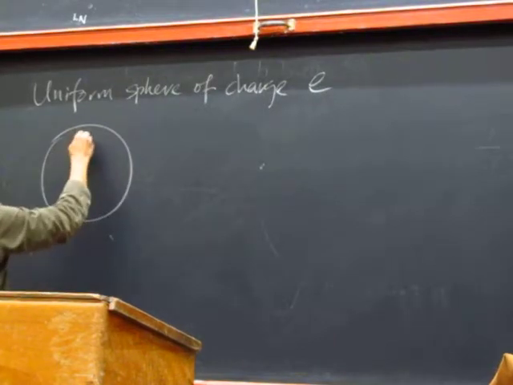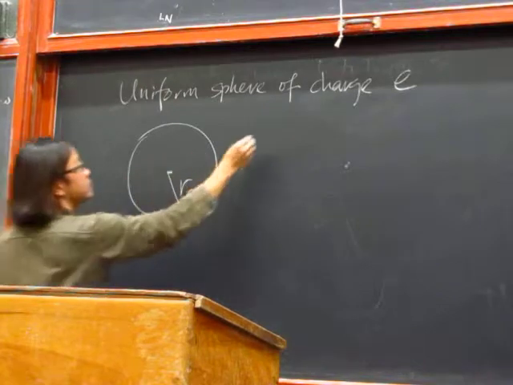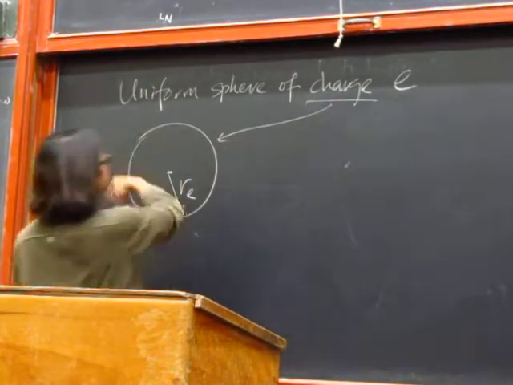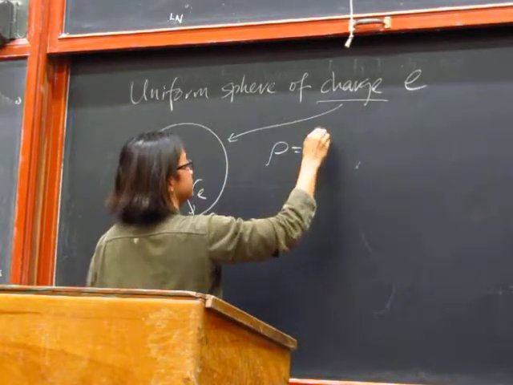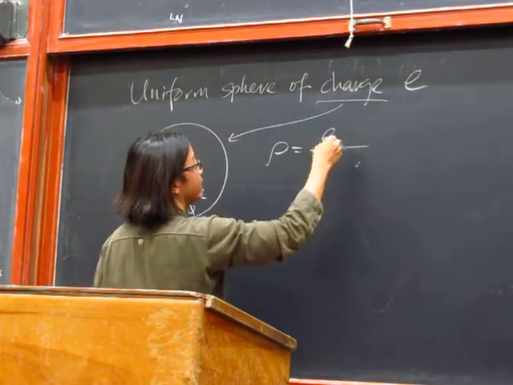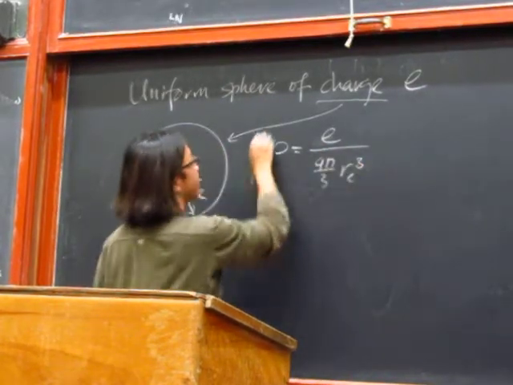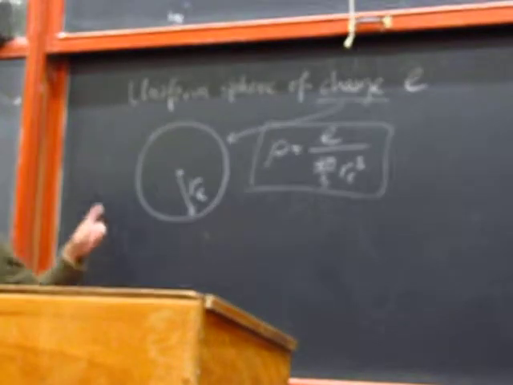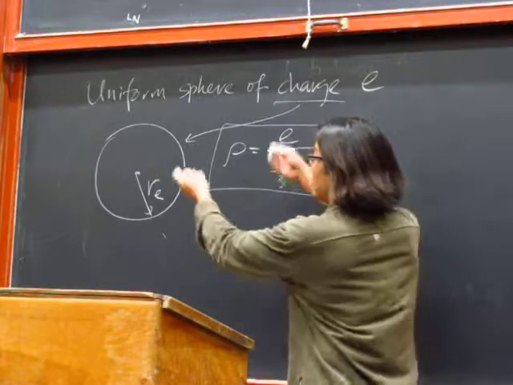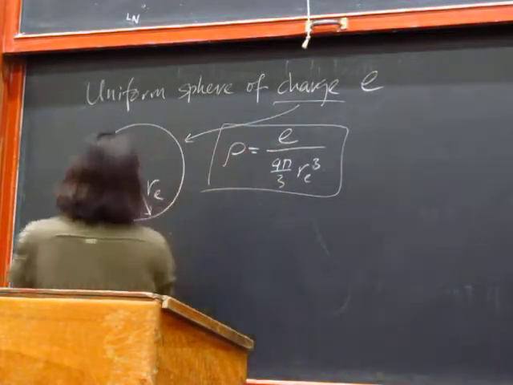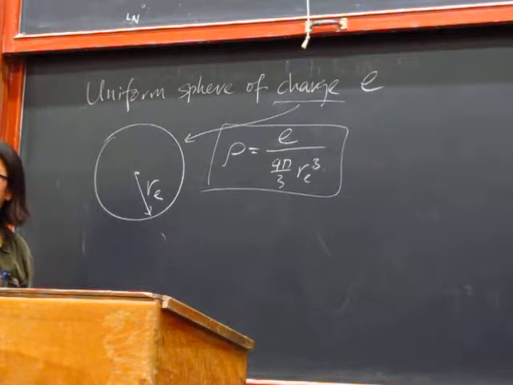Here's Re. Charge e is uniform in this whole sphere. There is a density which is equal to e divided by 4 pi over 3 Re cubed. We want to calculate how much work you need to do in order to build this charge.